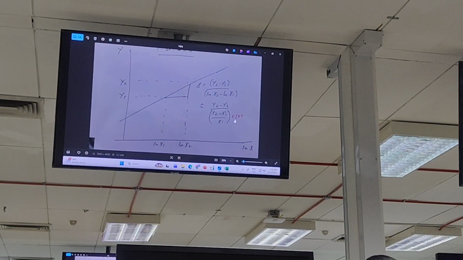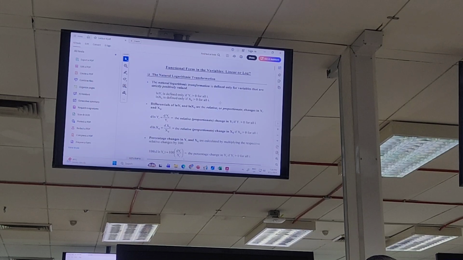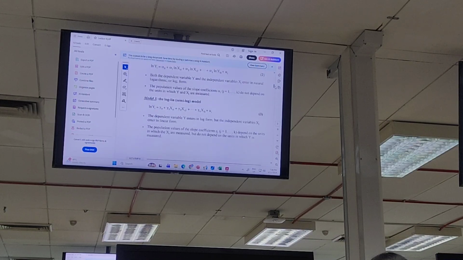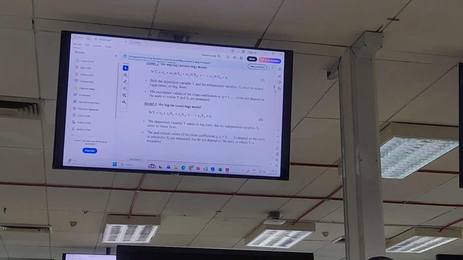So we have another example. Later on I leave it to you to go through the example given here, to see how we interpret different forms of model: linear model, double log model, log linear, and linear log. This is just an additional example for you to see how to interpret different forms of model.